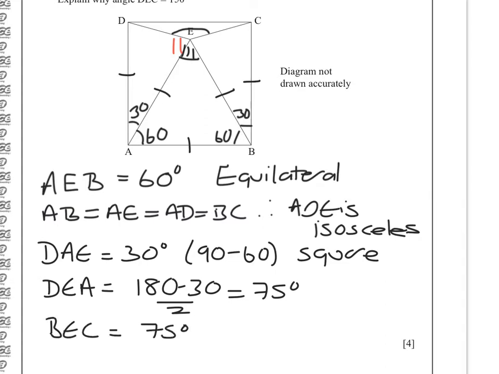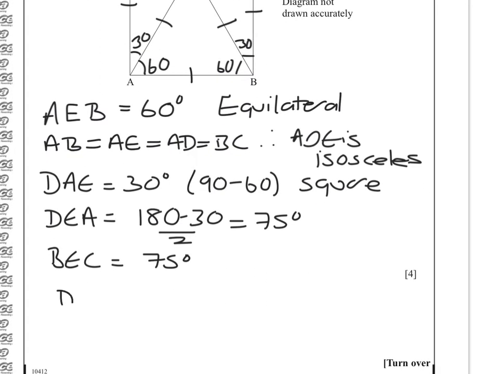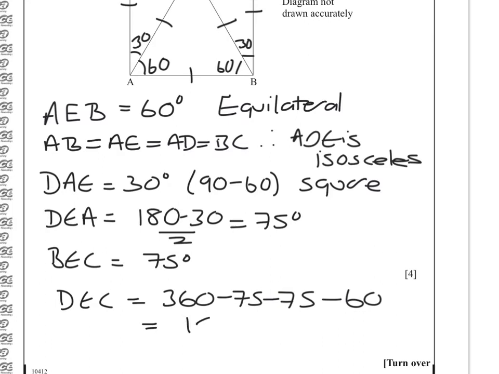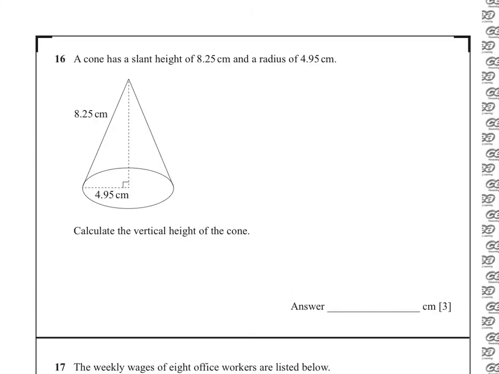Will also be 75 degrees, which leaves us with DEC will be 360 minus 75 minus 75 minus 60, which is 150 degrees.